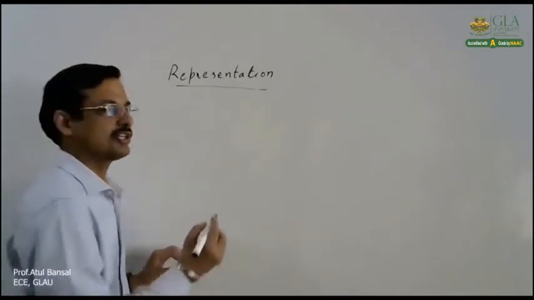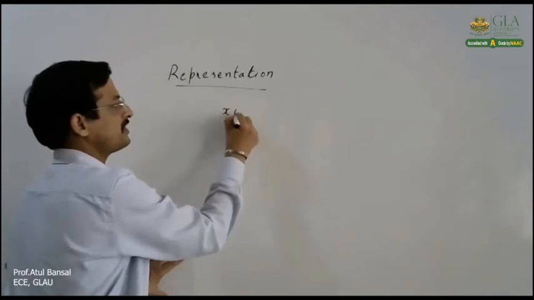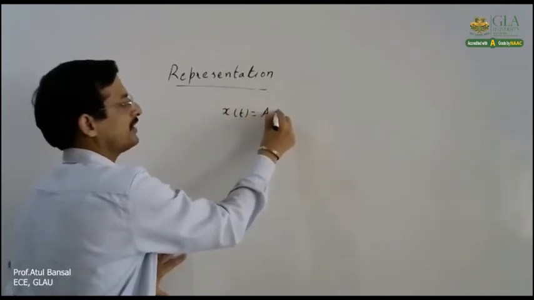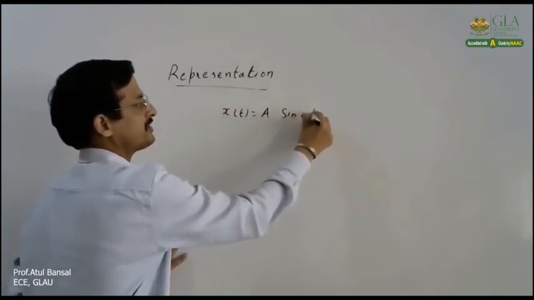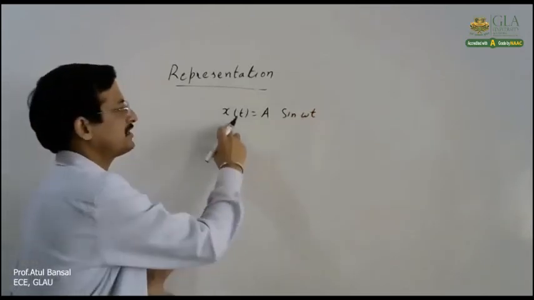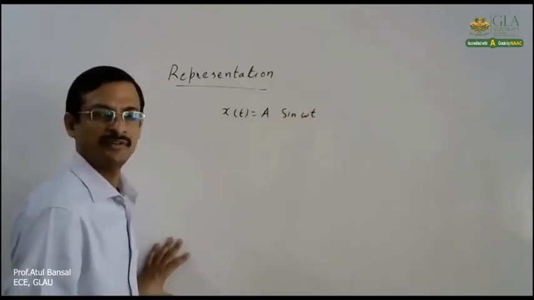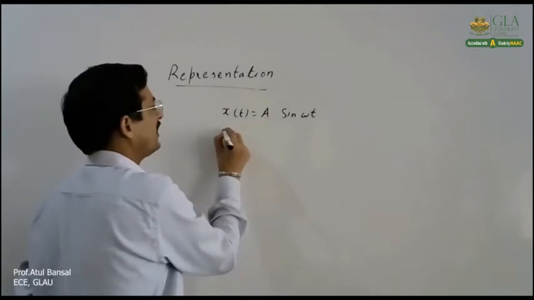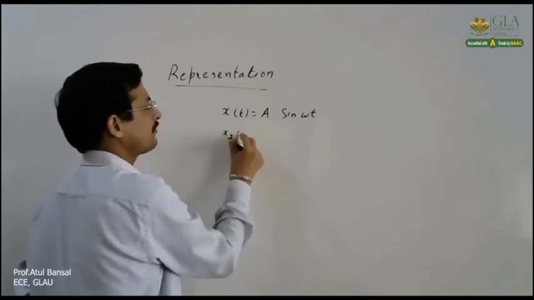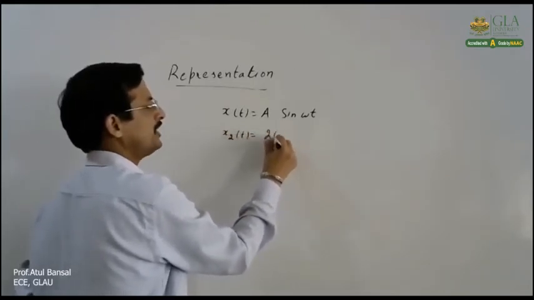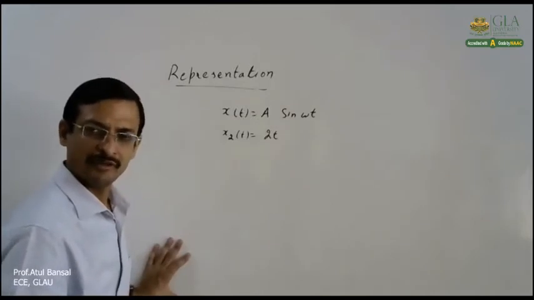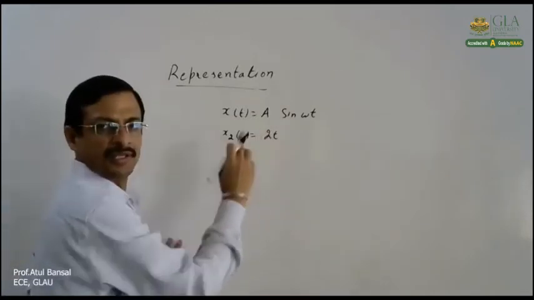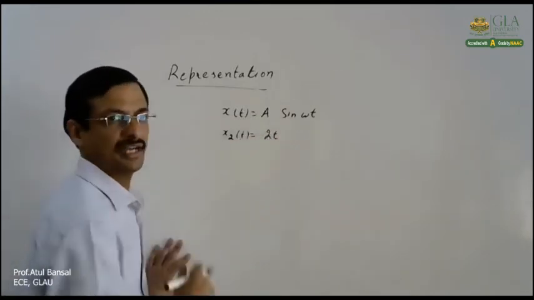Suppose there is a sinusoidal signal x(t). I can write its mathematical function as a sin(omega t). That is, it is a function of the independent variable time t. There might be another signal. Suppose x2(t) is 2t. It is also a function of t, right? So mathematically we can write that.